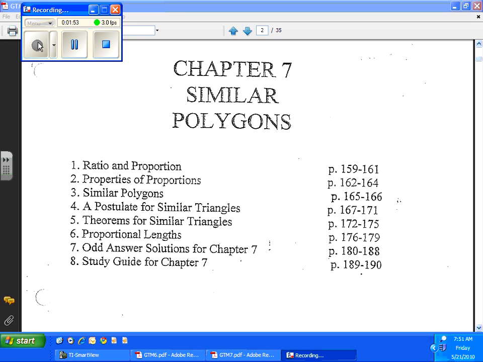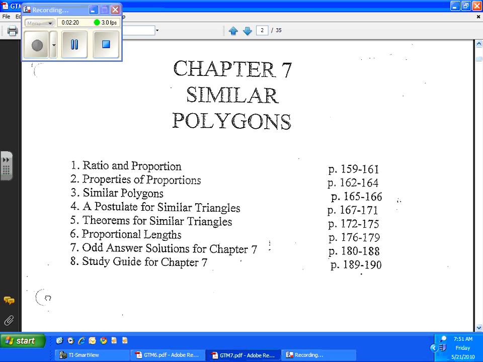We'll have a postulate to prove that triangles are similar and some theorems to prove that triangles are similar, just as we had some postulates and theorems to prove that triangles were congruent. We're going to look at proportional length. It's a special situation that happens based on the concept of similarity and proportionality. And then we've got the odd answers in the review. So we're going to begin with Unit 7.1, ratio and proportion.